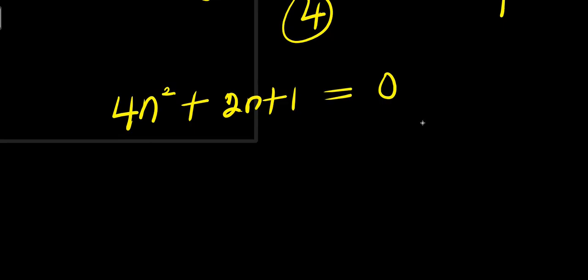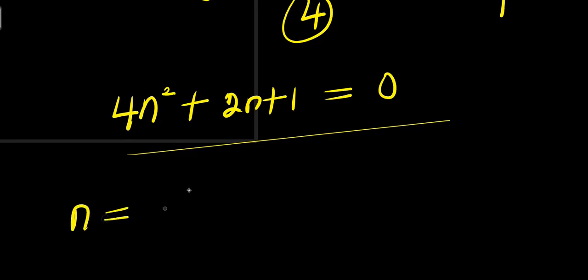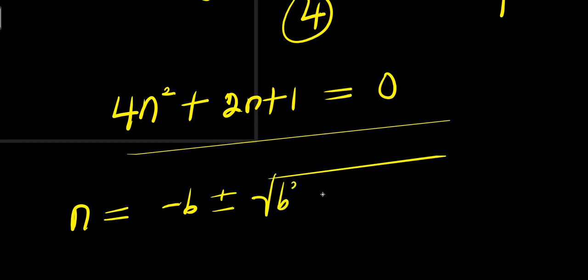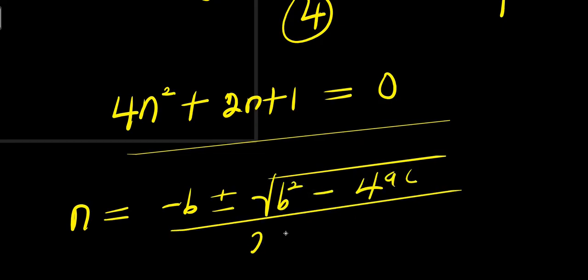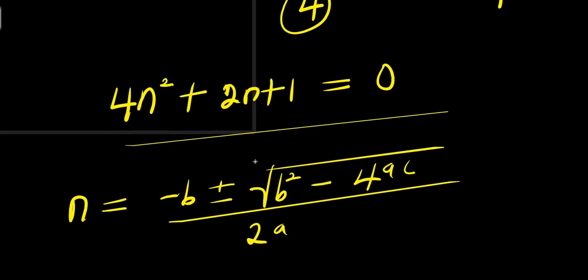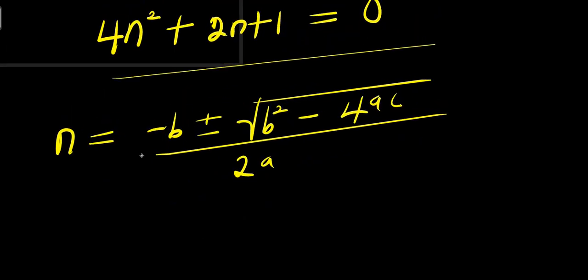So it's time to solve this. Then we consider the formula, the quadratic formula. The formula is n equals negative b plus or minus square root of b squared minus 4ac, divided by 2a. And from here, we can say that our a equals 4, which is the coefficient of n squared. b equals 2, which is the coefficient of n.